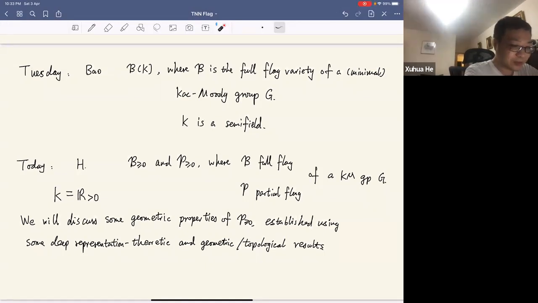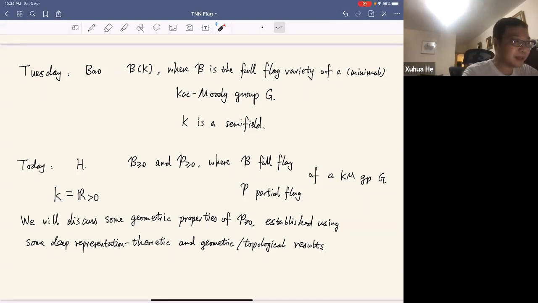And so this is established using some deep representation theoretical and geometrical topological results. And so I would say that it's probably in some sense different from most of the talks in this workshop, in which the geometry is used to study some representation theoretical problems. And so what we're going to do here, in some sense, is the other direction. We're going to use representation theory to obtain some nice geometrical results.